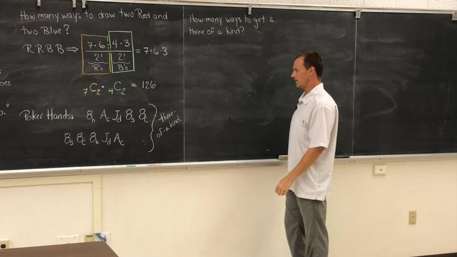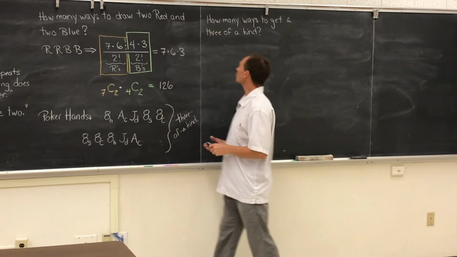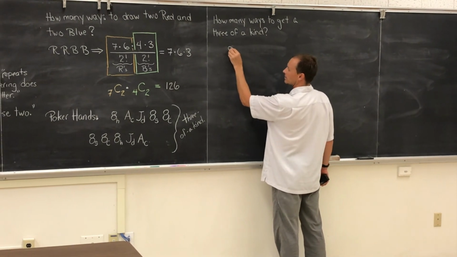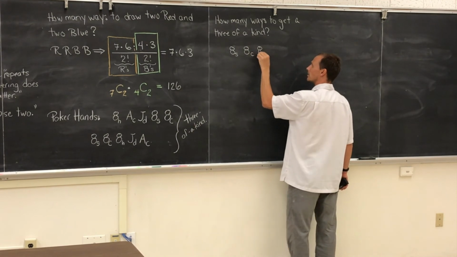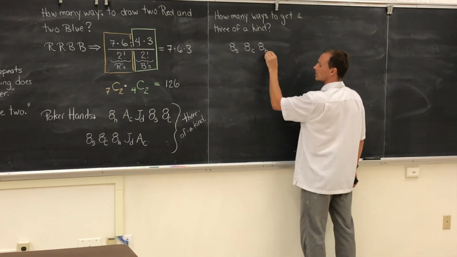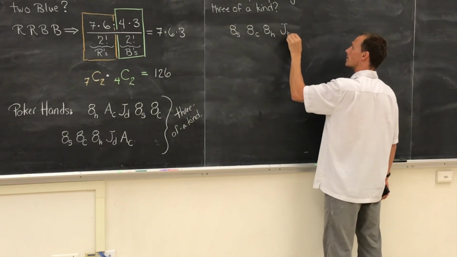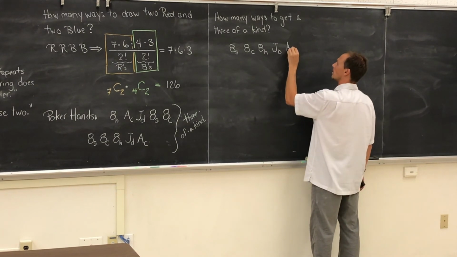Okay, let's look at this for a moment. I'm going to write this down very carefully. We have the 8 of spades, 8 of clubs, 8 of hearts, jack of diamonds, ace of clubs.